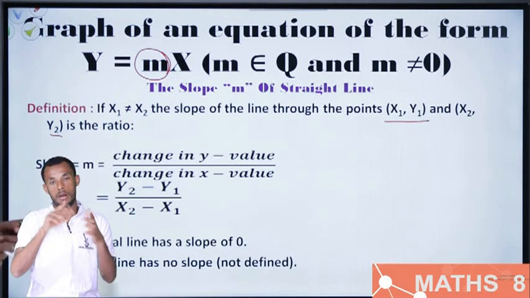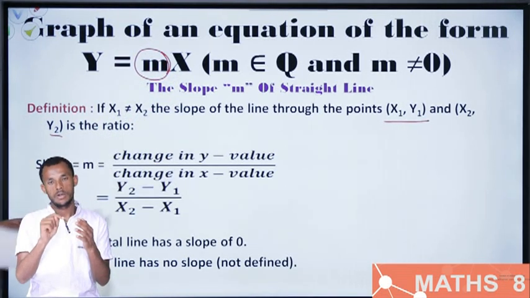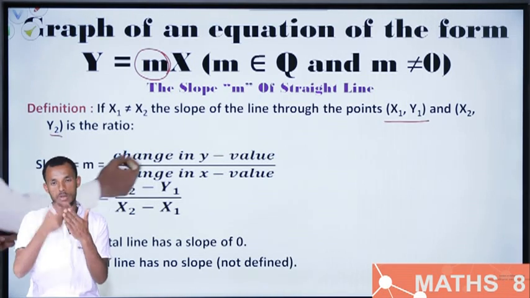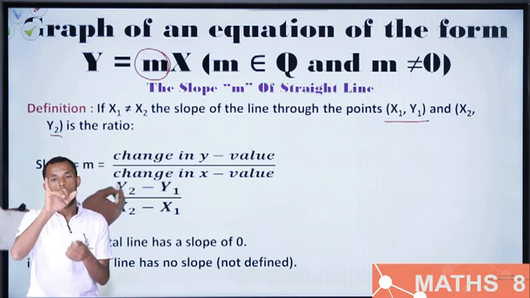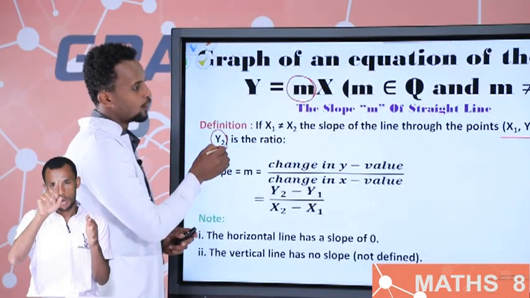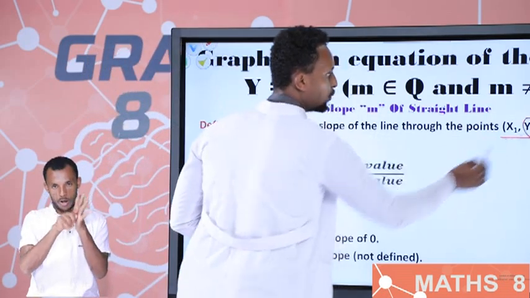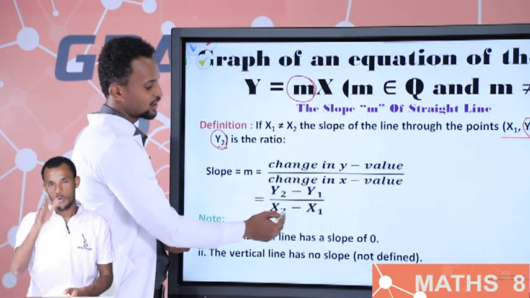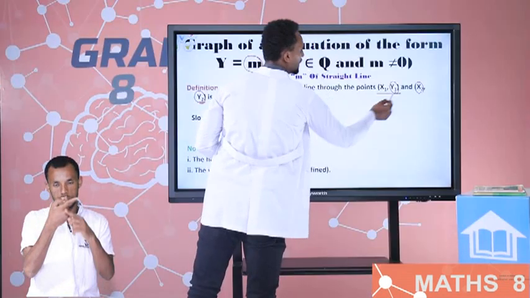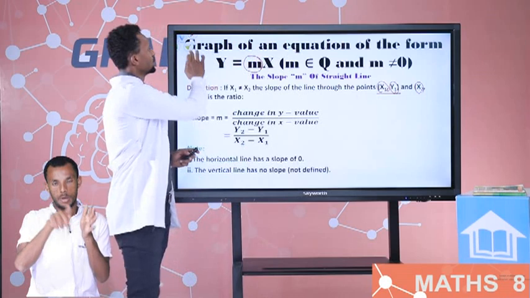Therefore, to get the value of a slope, it is the change in y value over the change in x value. The change in y value means y2 minus y1, over x2 minus x1, which is the difference of x2 minus x1.